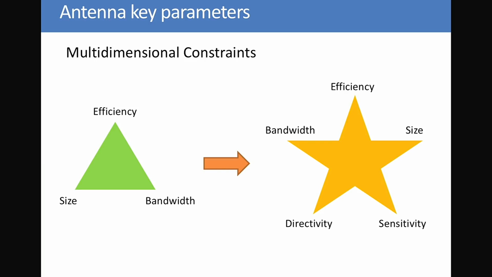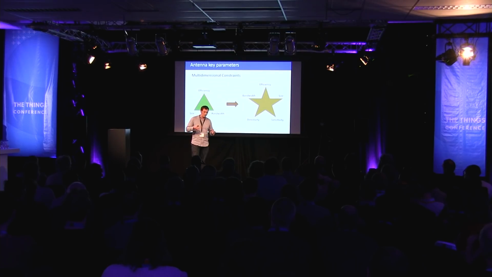And when you are looking at IoT applications, we are adding more constraints than the triangle I showed you before. Of course, you still have the bandwidth, efficiency, and size, but you also have an additional constraint, which is the directivity, because you have a lot of applications where you want to have some directivity. Take, for example, wearable applications. You don't want to radiate towards the body, because you are just going to lose your power.